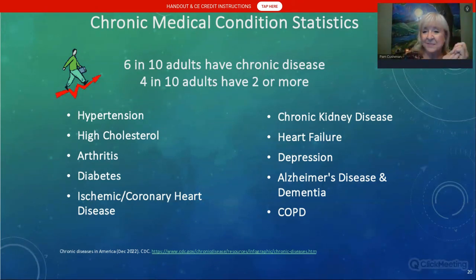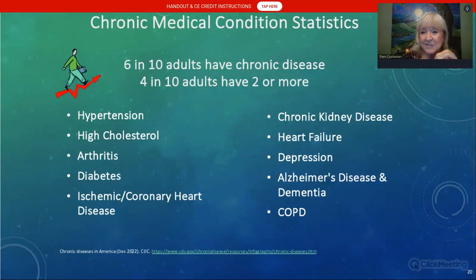So moving on to our adult population, which we typically see, of course, the highest level of periodontal disease, we need to note that the health status for adults is not the greatest, especially these days. 6 in 10 adults have a chronic disease, and we have a chart listed there.